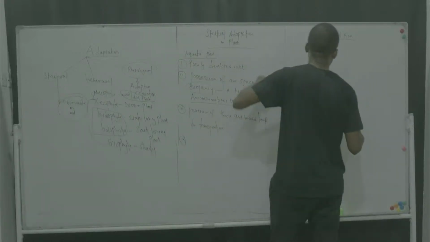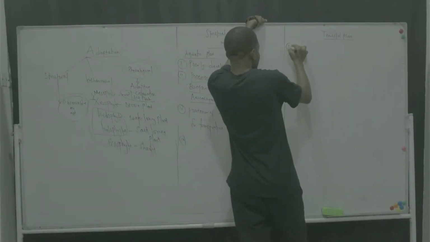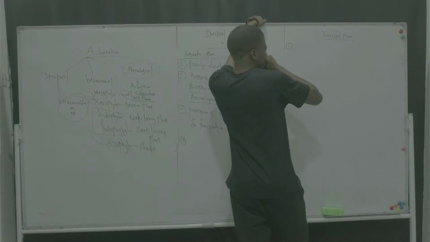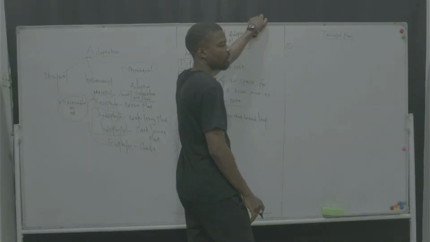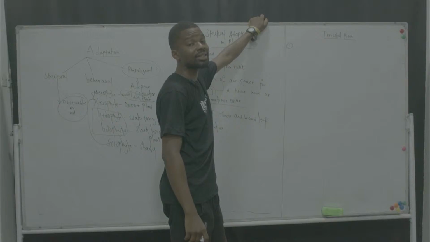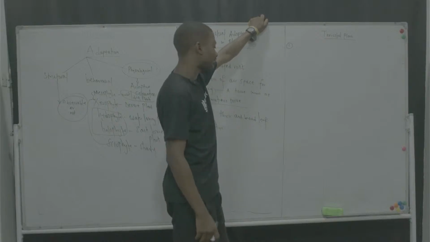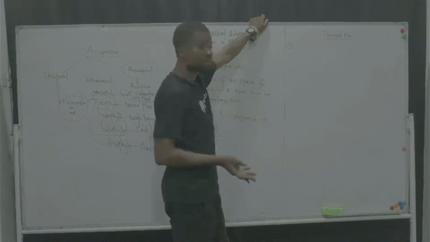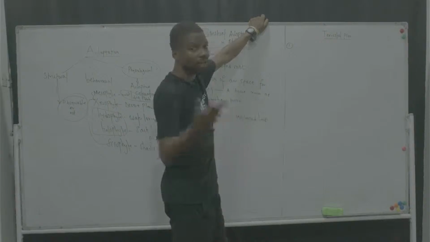So terrestrial plants. The first thing is this: because I'm a terrestrial plant, I won't want to lose more of my water, especially when I'm a xerophytic plant. A xerophytic plant means a desert plant. I can't be possessing broad leaf. If I possess broad leaf, I can't conserve water.